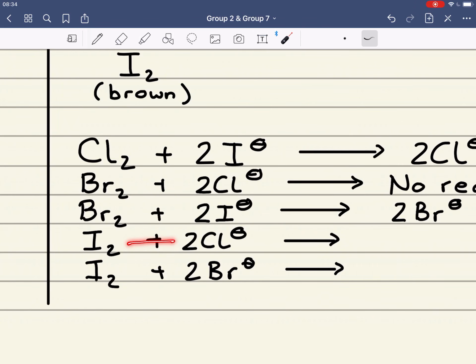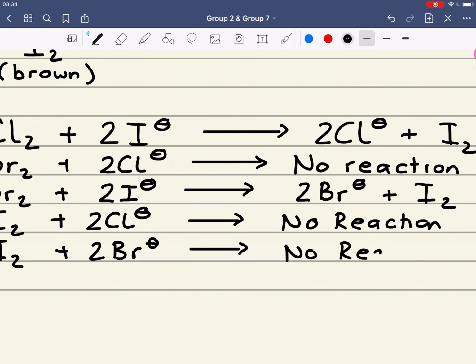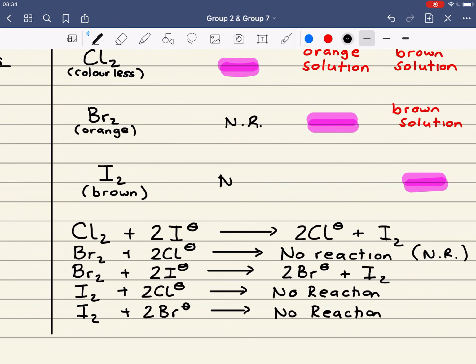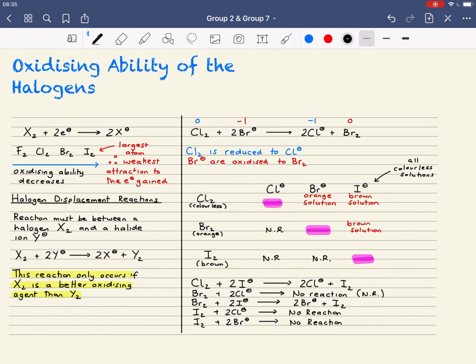So when iodine wants to take electrons off the chloride, it can't do it. When iodine wants to take electrons off the bromide, it can't do it either. So in both cases, you'd get no reaction. Well, let's complete the table. So I've got no reaction and no reaction. And that is a summary of the oxidising ability of the halogens.